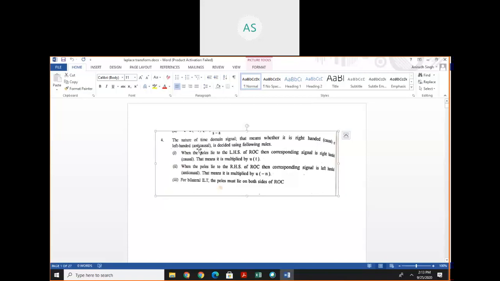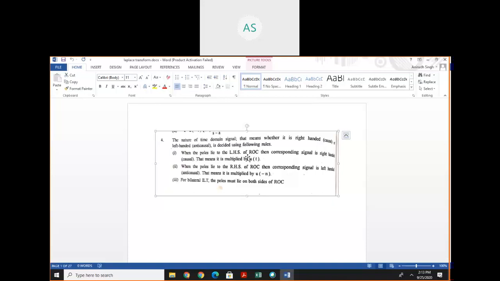A signal is causal or non-causal as decided by the following rules. When the poles lie to the left hand side of the ROC, then the corresponding signal is right-handed causal, and you can multiply the signal by u(t).